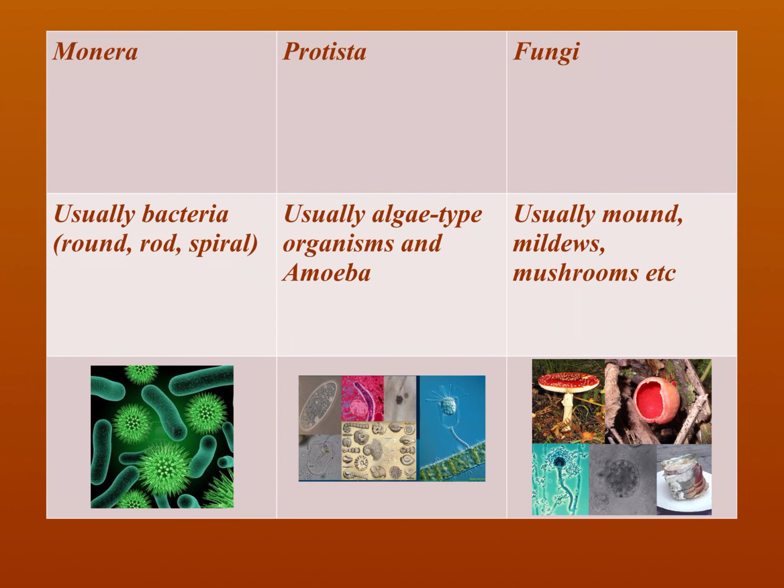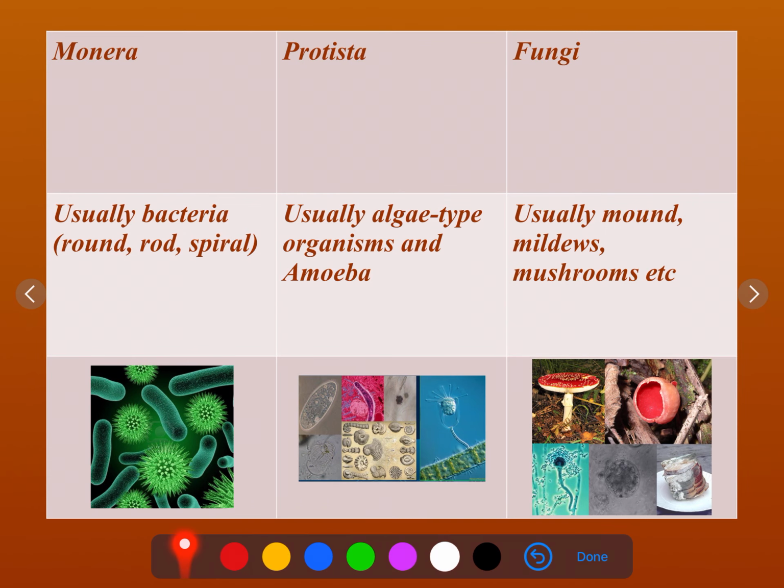Okay, last thing then for today. Just to give you an overview, I know it's really fast. We didn't do anything on plants and animals because we'll be doing those throughout the course. But the other three are Monera, Protista and fungi. So Monera are usually bacteria, so round, rod or spiral. Protists or Protista are usually algae type organisms and amoeba. And there's way more, that's just some examples.